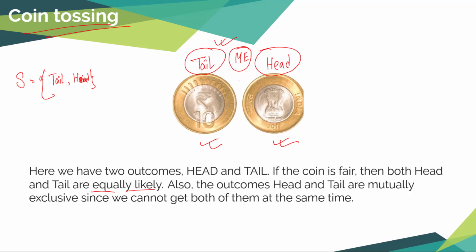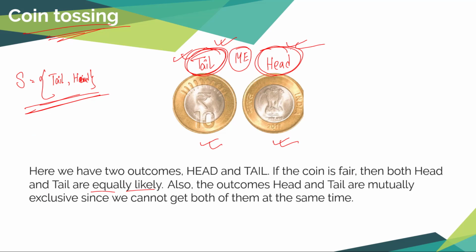So what is mutually exclusive? That means of these two outcomes, there is only one possibility at a time. Either tail can happen or head can happen. So in a coin tossing experiment, we have two outcomes, one is tail, one is head. The sample space will be this. These are also called the sample points. This is the sample space.